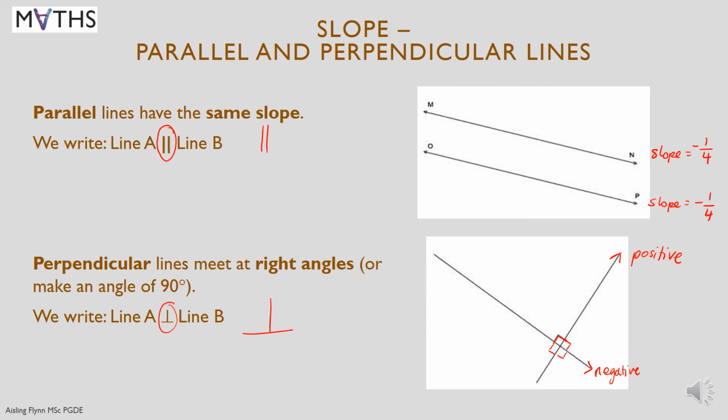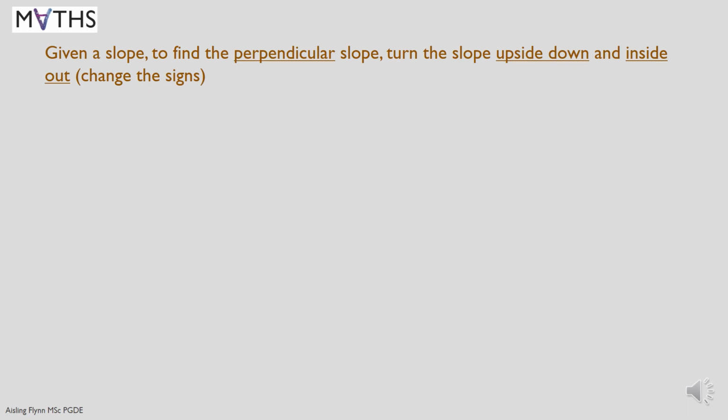So given a slope of a line, to find the perpendicular slope, what we do is we turn the slope upside down and inside out, meaning we change the signs. So it's the exact opposite slope.